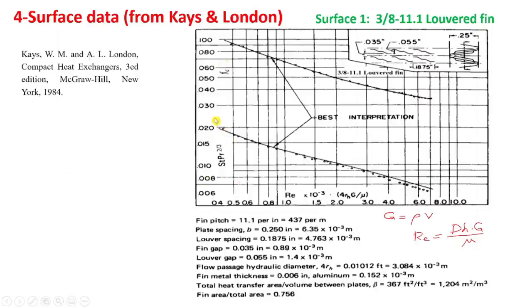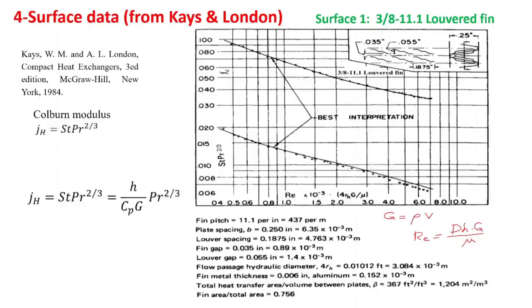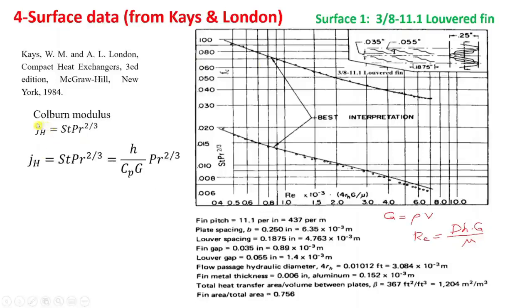Now this data is taken from the Kays and London compact heat exchanger book, or you can also find it from other sources like, for example, the EES program, Engineering Equation Solver. You can find all the data that is given in the Kays and London book. Colburn modulus, we give it the symbol jH, is no more than Stanton number multiplied by Prandtl number to the 2/3.